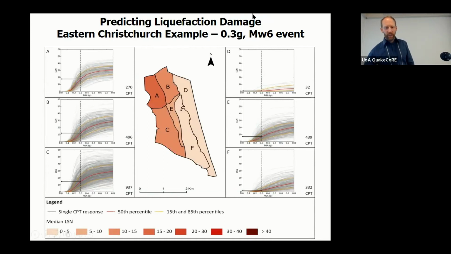where low LSN values correspond to no to minor predicted liquefaction, and then areas such as C, which are in a sort of 10 to 15, 15 to 20, is where we'd have more moderate, minor to moderate effects of liquefaction. And then in area A, we'd have more moderate to severe predicted liquefaction.